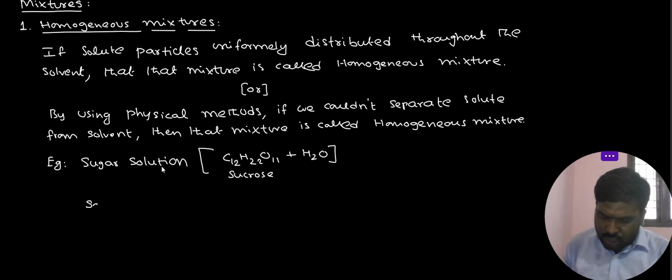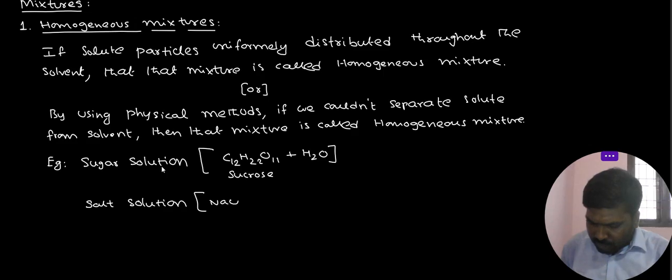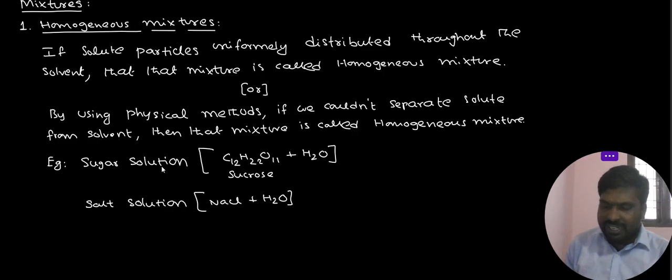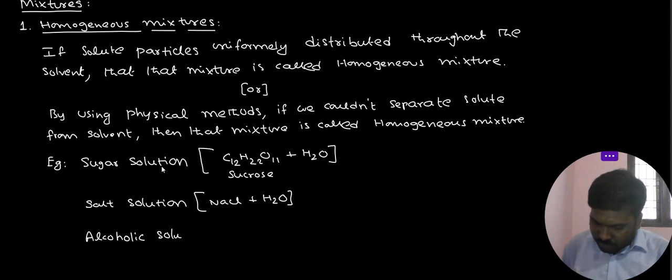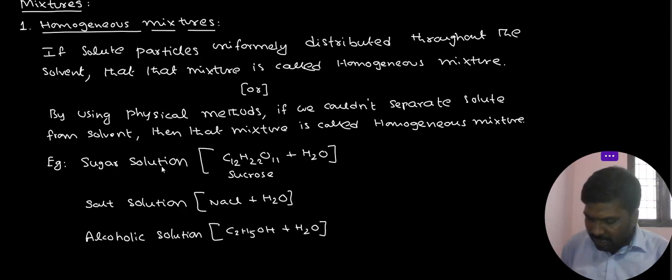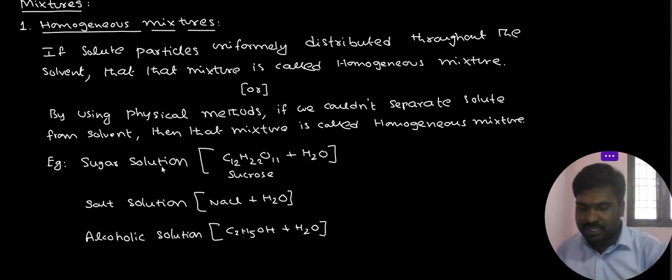Next one, salt solution. Example, sodium chloride plus water. Next one, alcoholic solution. Best example, ethyl alcohol plus water. These are all homogeneous mixtures.